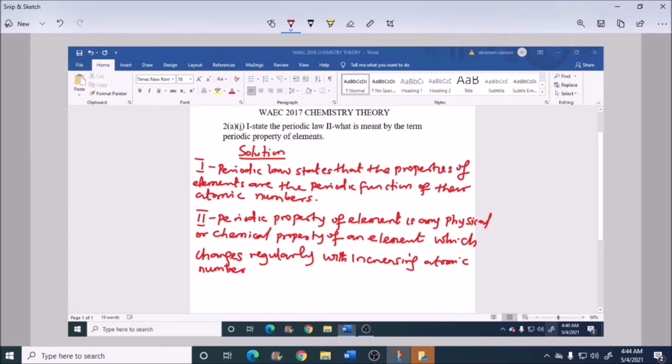number. And we give one example here as ionization energy, and these properties increase across the period as the atomic number increases.